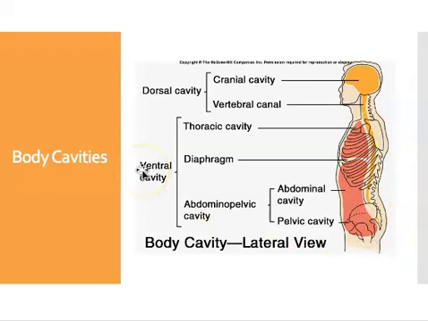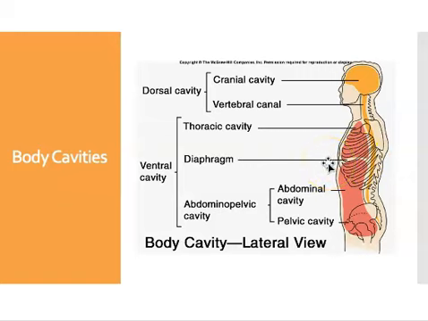Within the ventral cavity, we have the thoracic cavity and the abdominopelvic cavity. Now, there's a very important structure that separates the thoracic from the abdominopelvic cavities, and that, of course, is the sheet of muscle called the diaphragm.